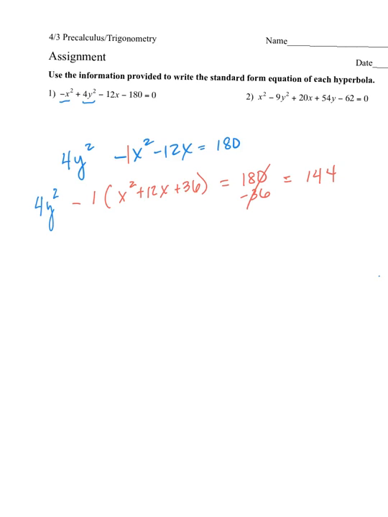Okay? So now we do the equation, and we do 4y squared minus, we can take out the 1 now, (x plus 6) squared equals 144. And now we have to divide everything by 144.